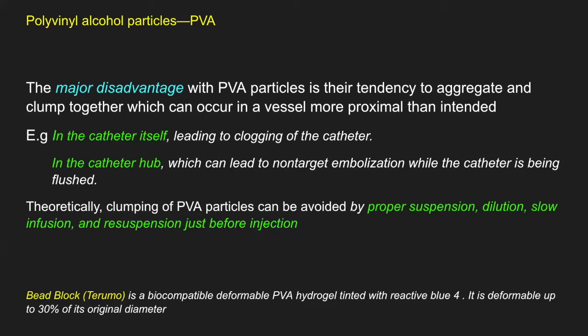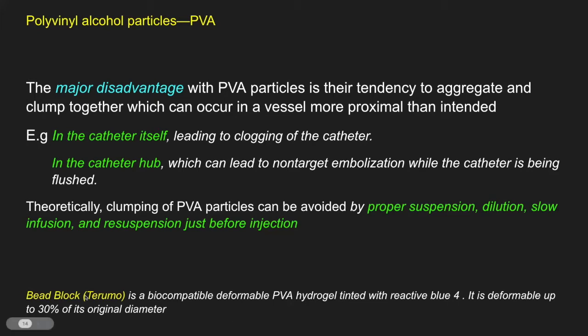It can occur in the catheter hub, which can lead to non-target embolization while the catheter is being flushed with saline. Theoretically, clumping of PVA particles can be avoided by proper suspension, dilution, slow infusion, and resuspension just after injection. These are less likely in the practical world.